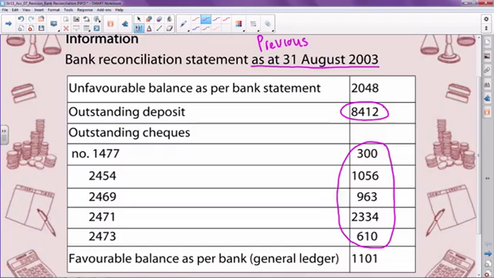Now, immediately, I want to draw your attention to something. If we look at the check numbers, I notice that, hang on, if I look at this particular check number 1477, and then it goes on to check number 2454, immediately this check looks a bit old. It's been issued a while ago.